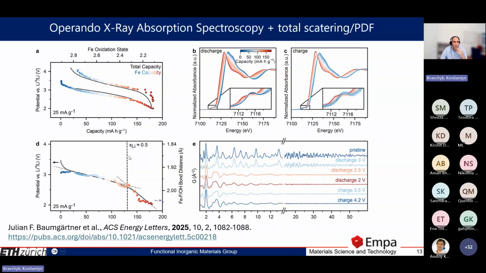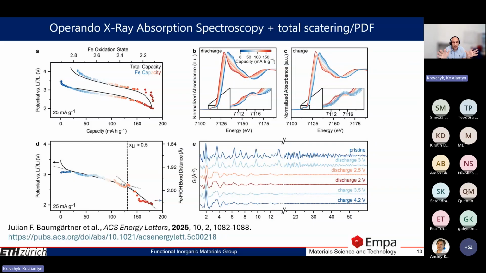and then up to 0.5 moles of lithium you can put inside a formula unit. And then after this point, we could observe a drastic increase of the bond distances, which was an indication that you start the conversion mechanism in this lithiation process.